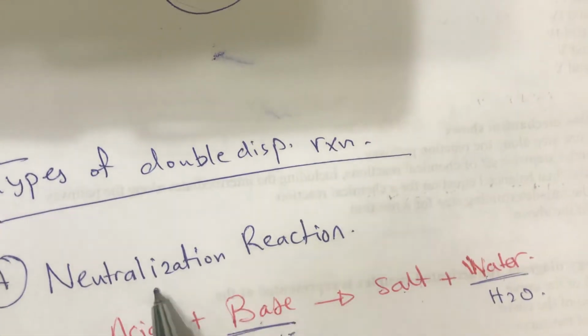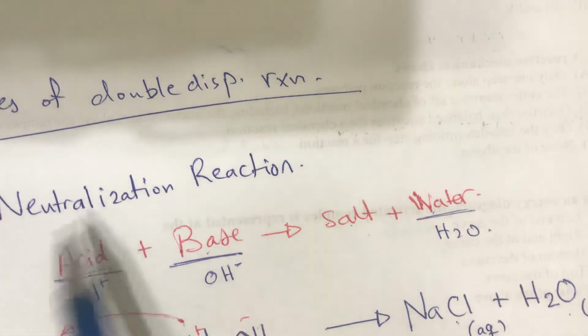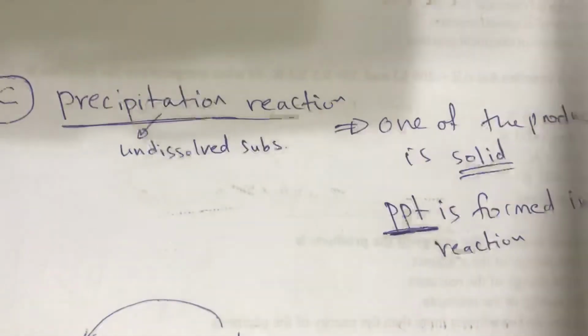Types of double displacement reactions: neutralization. How to know that the reaction is a neutralization? The reactants must be two compounds, and one of them is acid and the second is base. So it's a neutralization reaction.